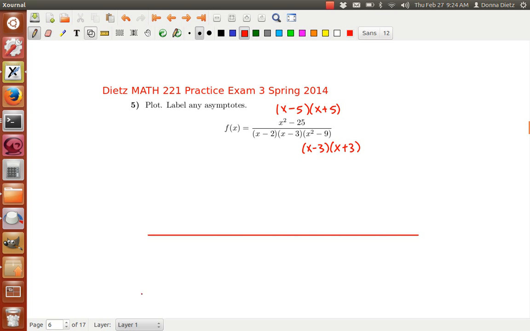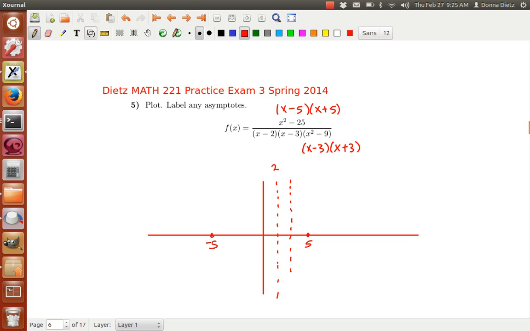Okay, so the numerator is 0 when the function is 0, and that's going to be at 5 and negative 5. Straightforward. And the denominator is going to be 0 when you have asymptotes. So for example, x equals 2 must be an asymptote. x equals 3 must be an asymptote.